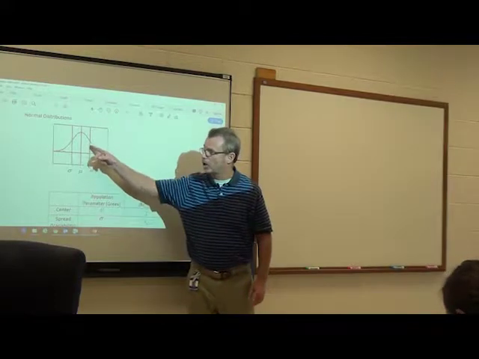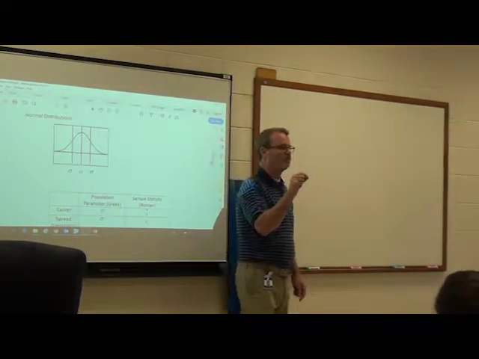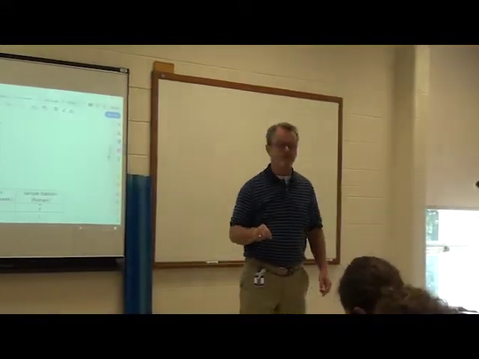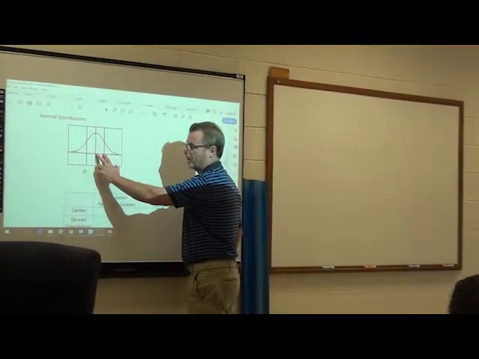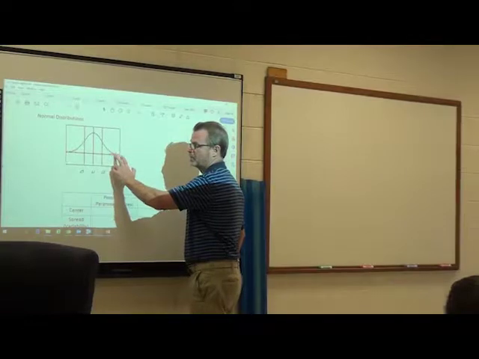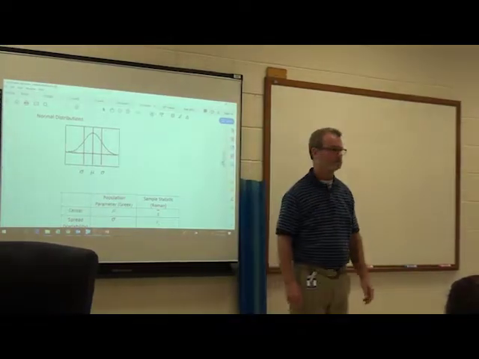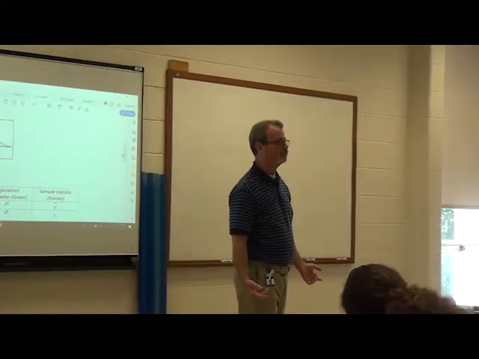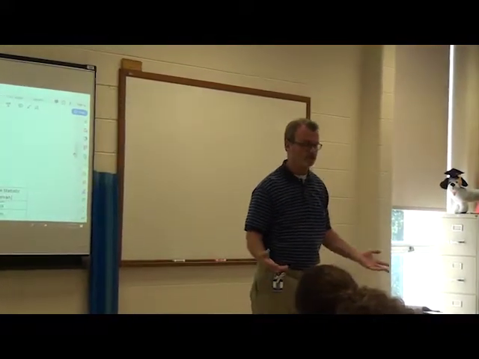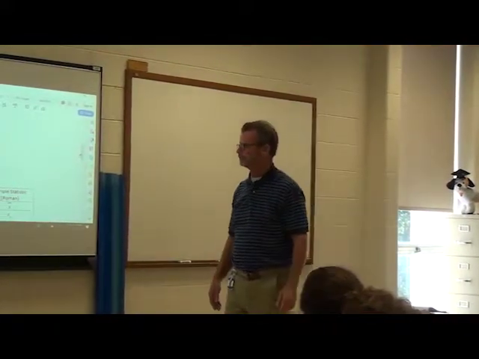And this sigma occurs right under the point of inflection for the graph. So this is one standard deviation. What would you do? You would copy and paste this distance and step to the left and step to the right. And we're going to tell you what the significance of that magnitude is. That's what we're going to get into in this section.